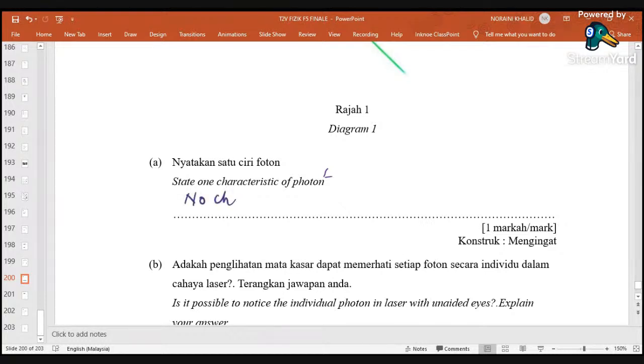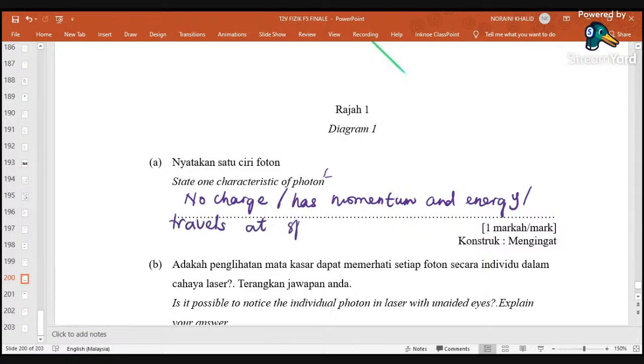For example, no charge. A photon has momentum and energy, or kinetic energy. It travels at the speed of light, with a value of 3 times 10 to the power of 8 meters per second.